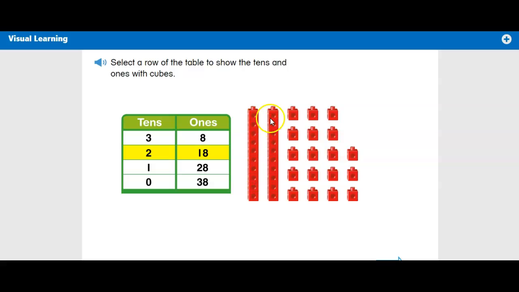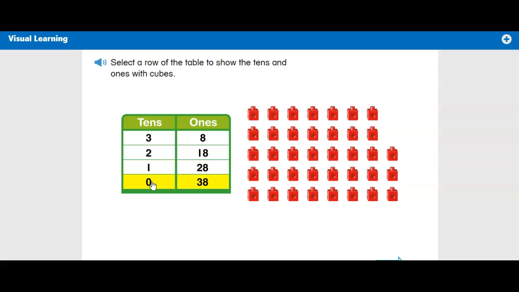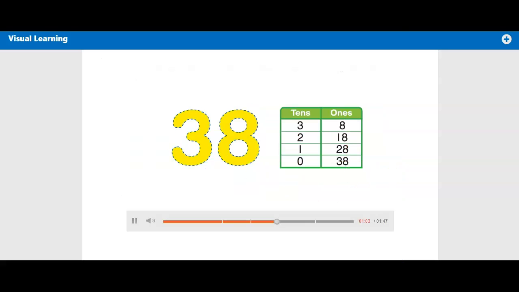Here we have 2 tens and 18 of the ones cubes. Now we have 1 tens and 28 cubes, 0 tens and 38 of the ones cubes. How many ways are there to make 38 with tens and ones? There are 4 ways to make 38 with tens and ones.